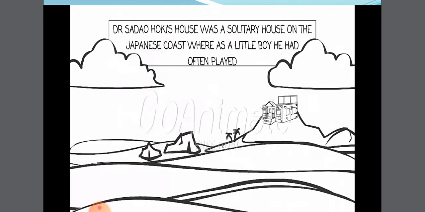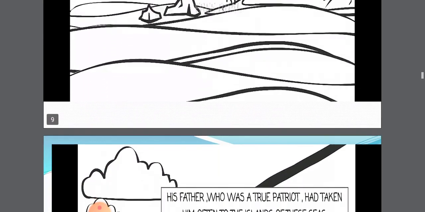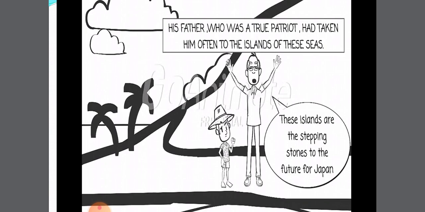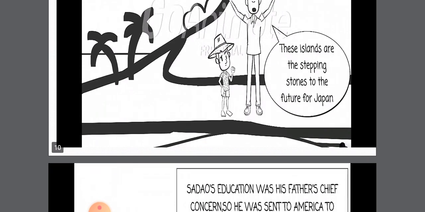Dr. Sadao Hoki's house was a solitary house on the Japanese coast where as a little boy he had often played. Next, his father was a true patriot and had taken him often to the islands of these seas. These islands are the stepping stones to the future for Japan. That's what Dr. Sadao's father used to tell him.